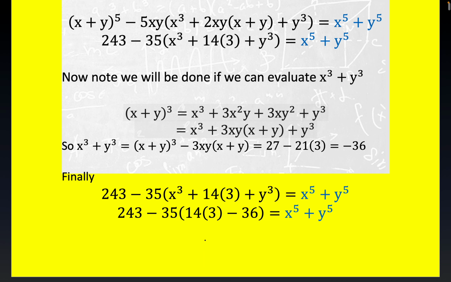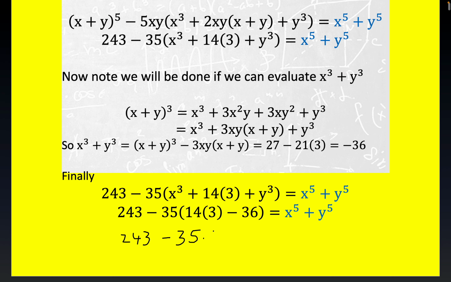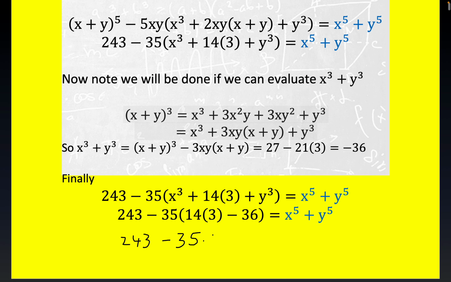We get to this point right here, folks, and this is just pure computations right here. This would be 243 minus 35, and I believe this is 42 minus 36, which is 6, so this is times 6, okay, right here.